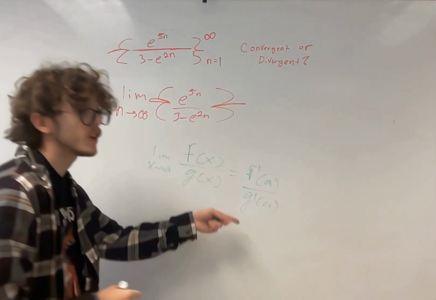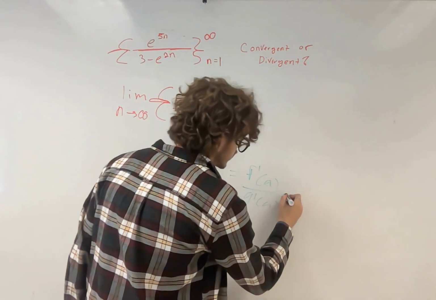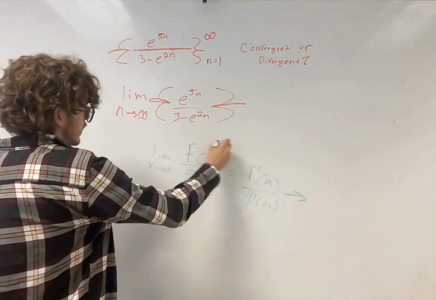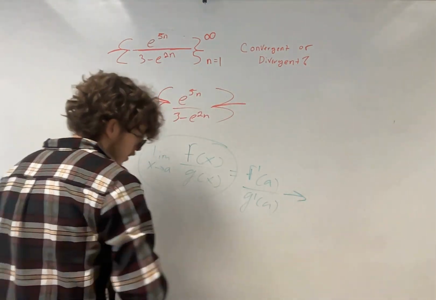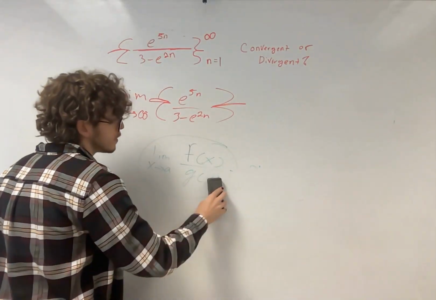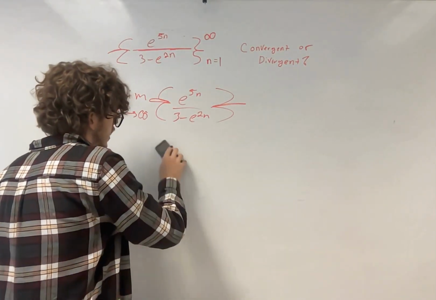We evaluate both functions at a, and that gives us the output. That's the idea behind L'Hopital's rule. Let's go ahead and do that.